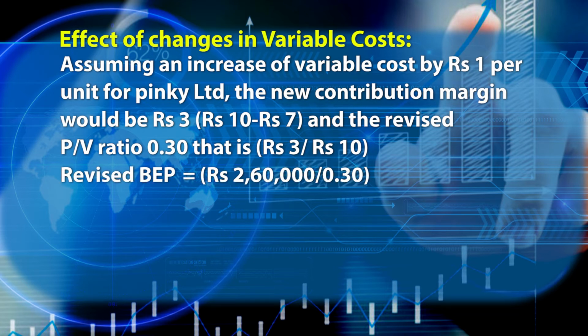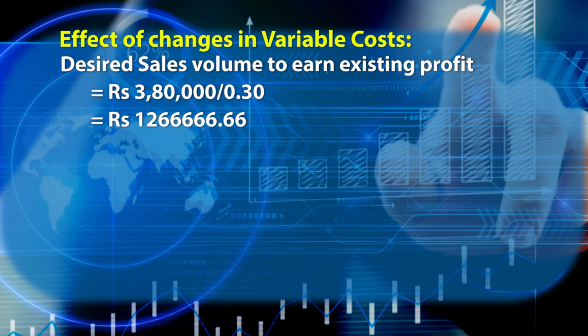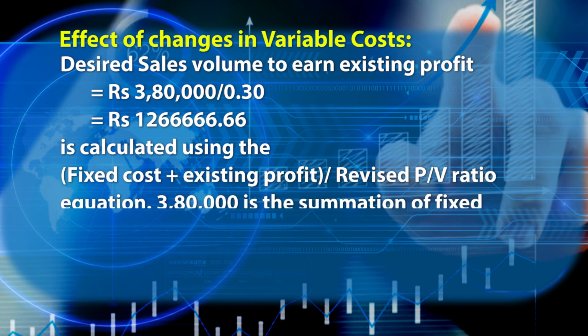Revised break-even point would be equal to rupees 2,60,000 divided by 0.30, which will give you rupees 8,66,666.66. Desired sales volume to earn existing profit is equal to rupees 3,80,000 divided by 0.30, which will give you rupees 12,66,666.66, calculated using the equation fixed cost plus existing profit divided by revised PV ratio.